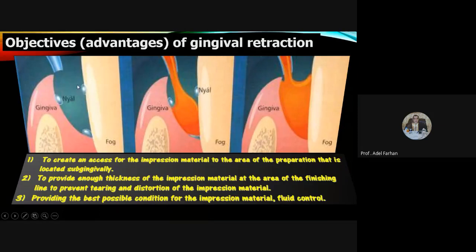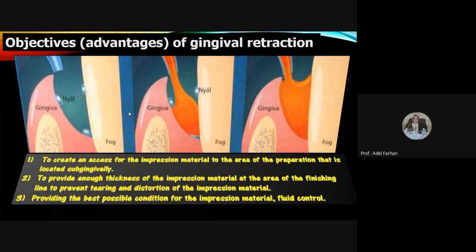We do retraction when we have our margin at the level of the gum or below the gum, subgingivally. Also, to provide thickness of the impression material at the area of the finishing line to prevent tearing and distortion.